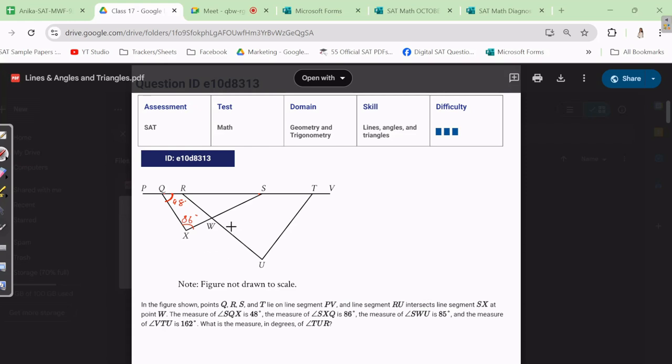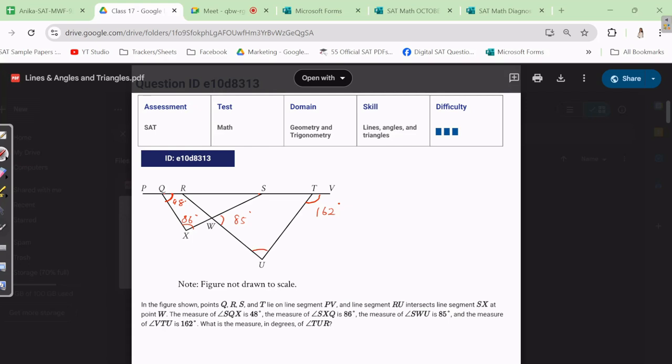The measure of angle SWU is 85. And the measure of angle VTU is 162. What is the measure of TUR?